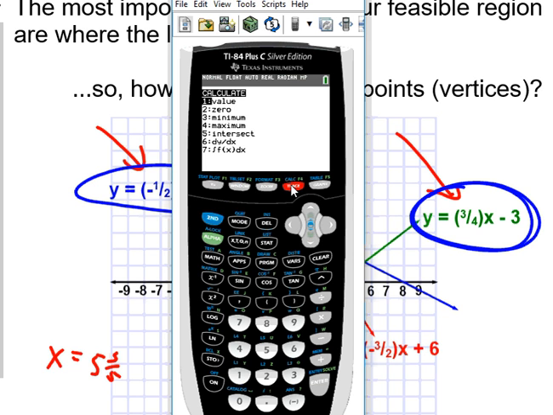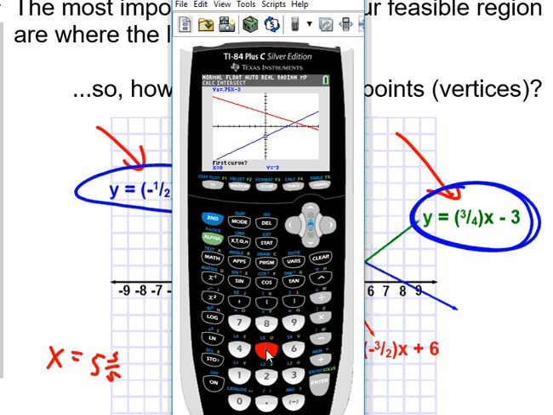Number 5, intersect. Now, some of you might be thinking, okay, I'm just going to always do it with algebra. You are not going to want to always do it with algebra. What if the answers have really, really icky long decimals? Do you get what I'm saying? The calculator is going to be pretty handy for that. This is a really good way to do it. So please follow along. Just type in your two equations and then hit second calculate intersect.